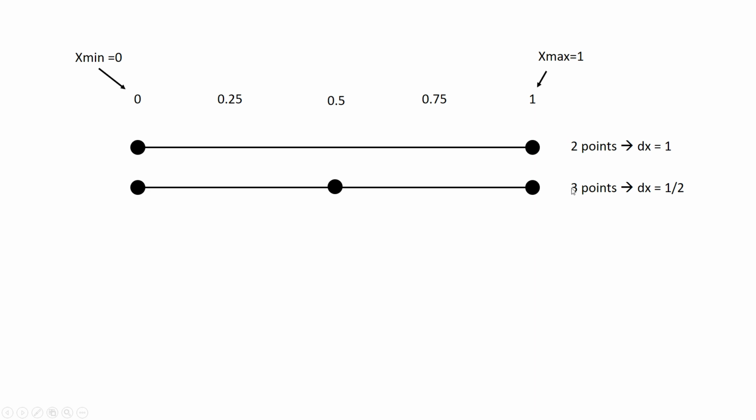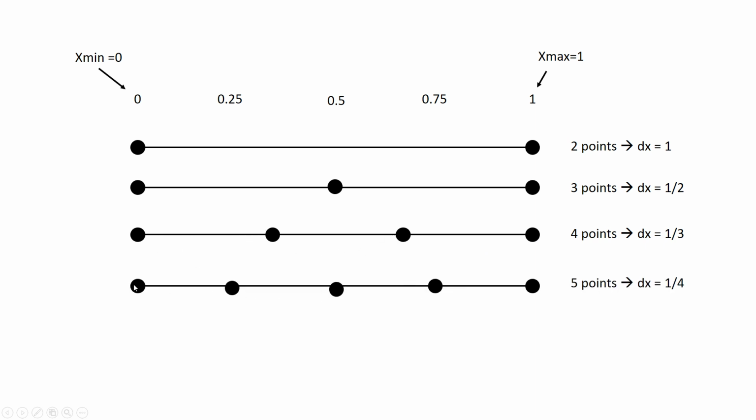If you have 3 points between an x min of 0 and an x max of 1, then your dx, your distance between your points here, is 1/2. We're going from 0 to 0.5, 0.5 to 1, so each of these lengths is 1/2. So on, if you have 4 points, the lengths are 1/3, these increment values. And if you have 5 points, the increment is 1/4.